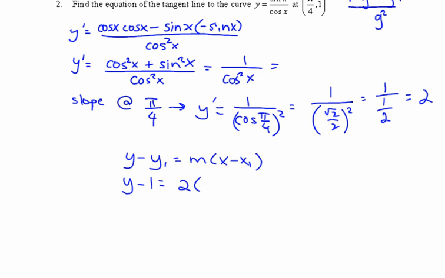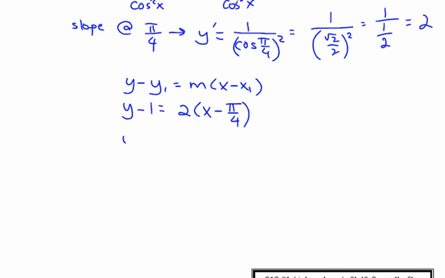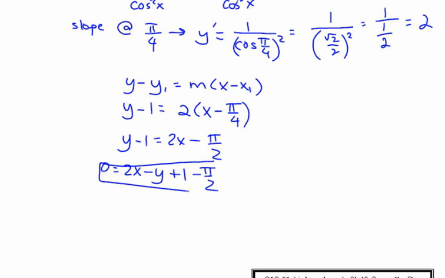Can I just make a note about something though, guys? I noticed this in your log stuff as well. When you make your equation, it's really important that it goes x, y, and then the constant. So this would be 2x minus y, and then the order of the constant doesn't matter, so plus 1 minus pi over 2. So let's not cut that off.